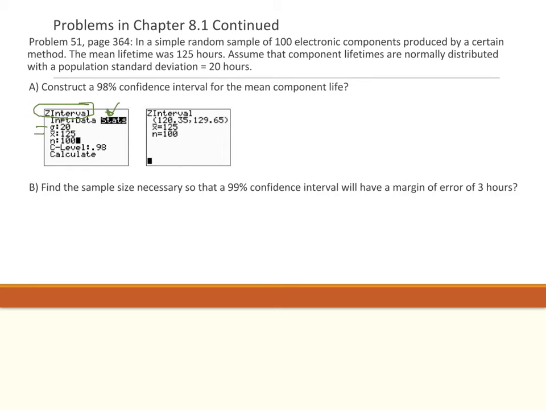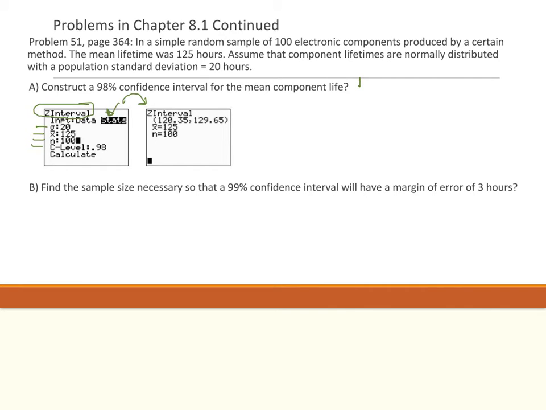I enter in for the mean value of the components 125. I enter in the sample size n, which is 100. And I put in my C level of 0.98. I hit calculate. How easy is this? And we get a Z interval with a lower bound of 120.35 and an upper bound of 129.65.